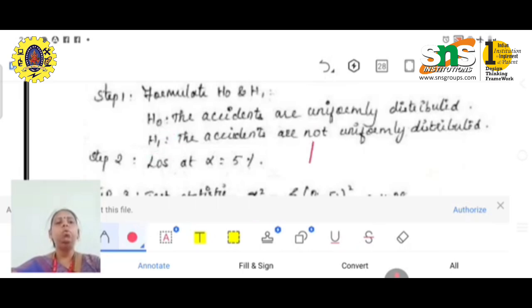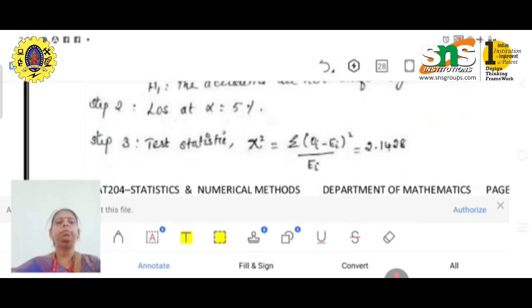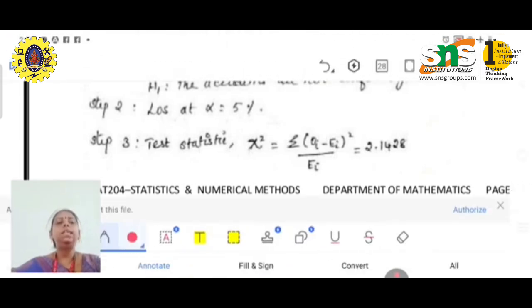Step 2: level of significance. If the level of significance is not mentioned, it is 5%. The next step is the test statistic, that is the formula we calculated in the table. That is, the chi-square value we calculated as 2.1.